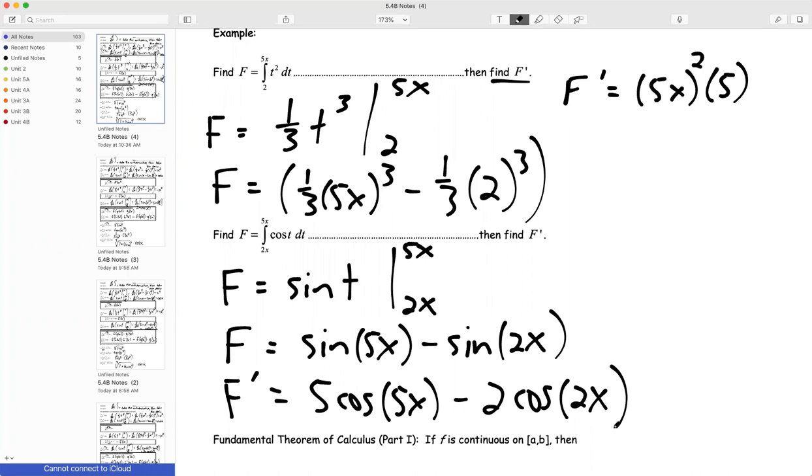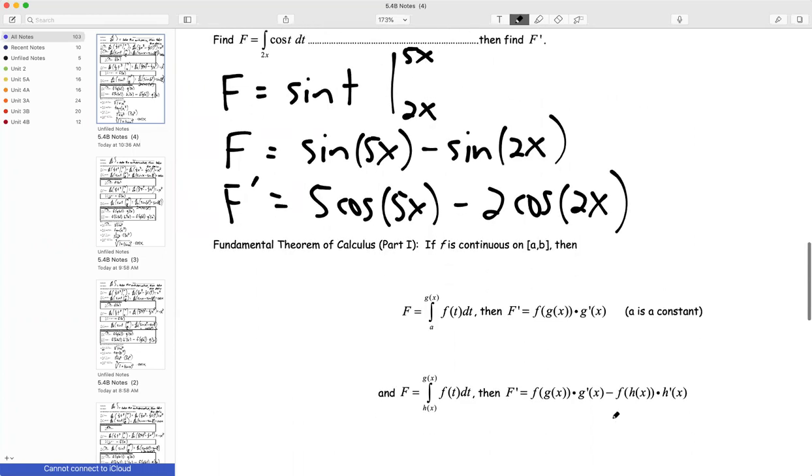Okay, so here it is in all of its formal glory. Fundamental theorem of calculus, part 1. If little f is continuous on the interval from a to b, and big F is equal to the antiderivative, and we have the integral from a to g of x of f of t dt, then we take the g of x and we plug it in and we multiply by the derivative, assuming that a is constant.